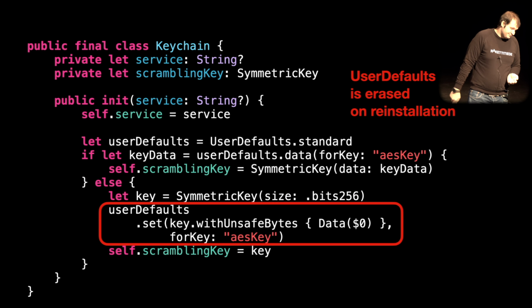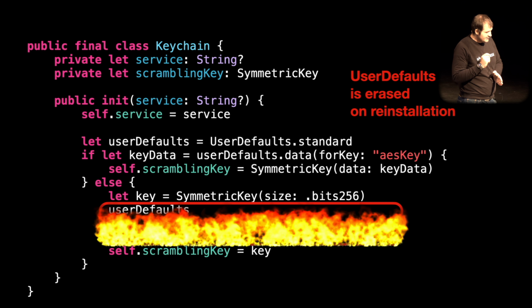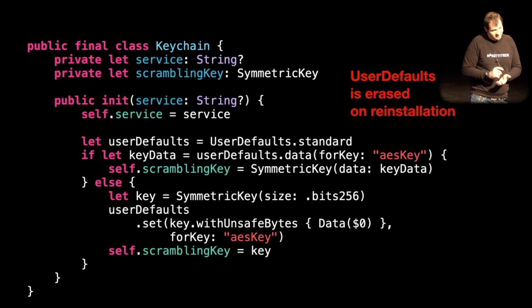And since the user defaults is erased on reinstallation, your data is effectively gone once this happens. And the keychain is correctly erased, and there is really no way to recover this data after the app has been reinstalled. It's really future-proof because you don't have to keep track of those user default flags.